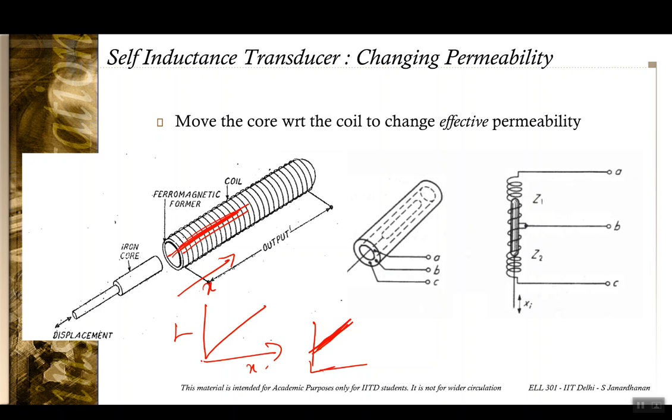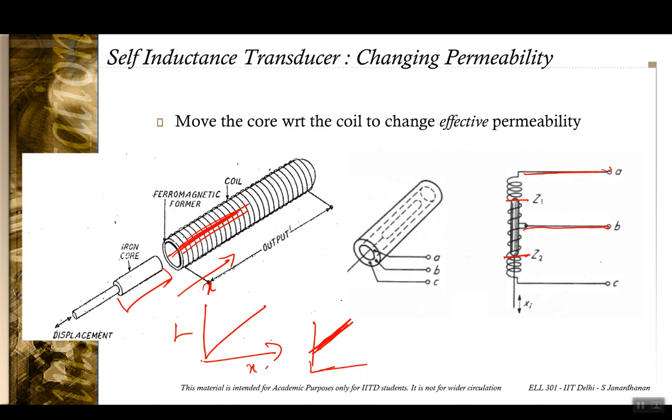Okay, and you also have another setup, another construction, where you have 3 terminals. Here you are employing a shorter core, a shorter former, than the case that you have here. Okay, and the advantage that you get is apparent now, because you have 3 terminals.